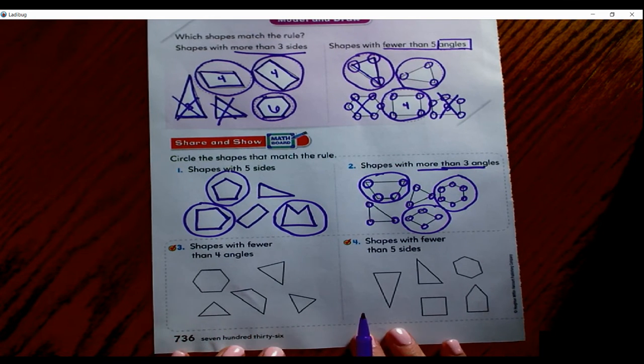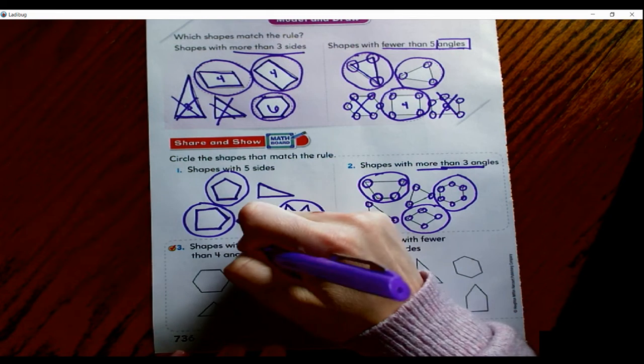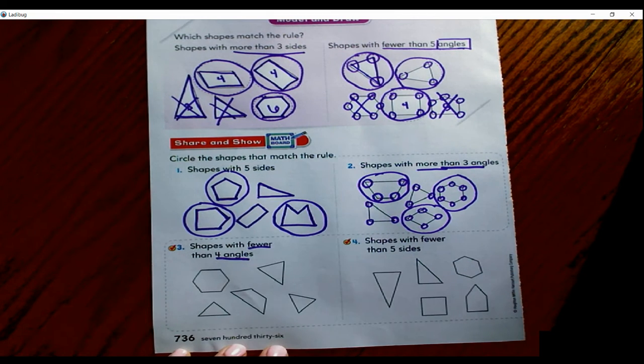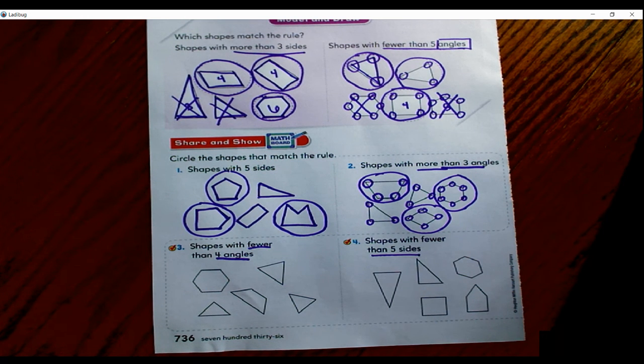Take a look at numbers 3 and 4 here. Shapes with fewer than 4 angles. And number 5 says shapes with fewer than 5 sides. So you have to remember when you're reading these directions what you're looking for. Are you looking for angles or are you looking for sides? Okay, so 3, you're looking for angles, and 4, you're looking for sides.